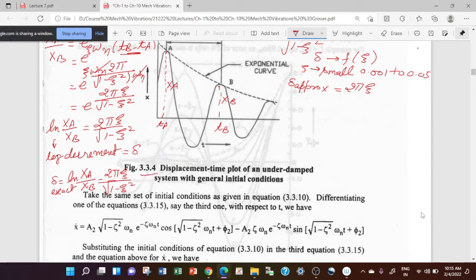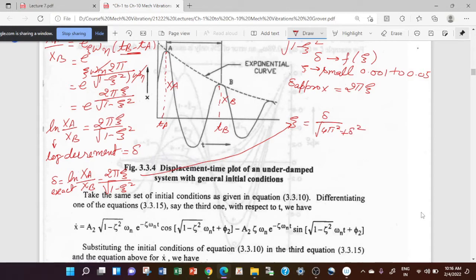From this, suppose you are given delta, you can find the zeta. As per this, your zeta will come out to be, squaring both sides, delta upon square root of 4 pi square plus delta square.